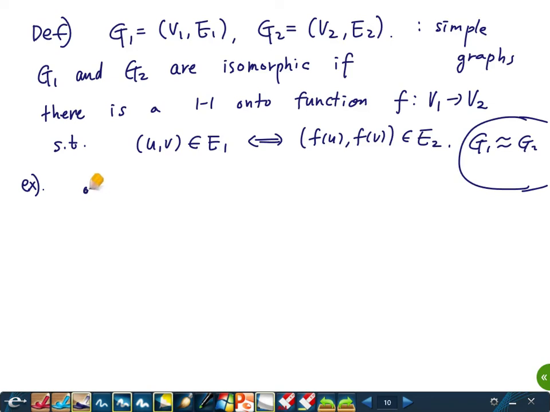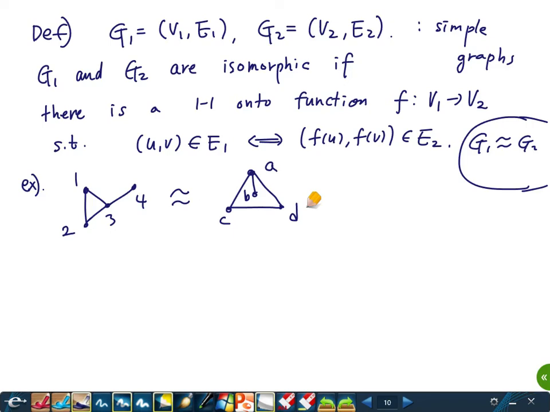So, an example. We have this graph, with vertices 1, 2, 3, 4. And this is isomorphic to this graph, with vertices A, B, C, D. They are not exactly the same graph as graphs, but they are isomorphic. But why are they isomorphic?